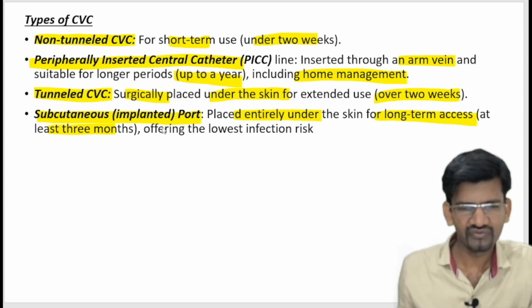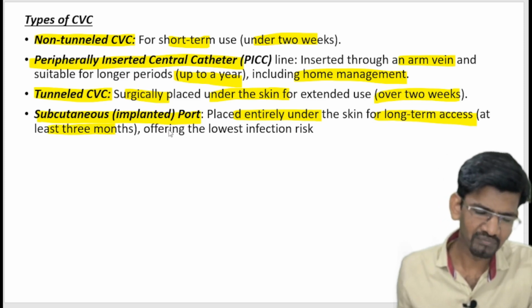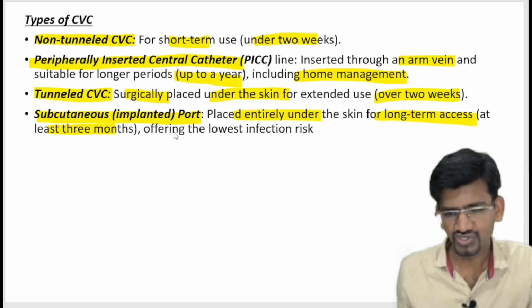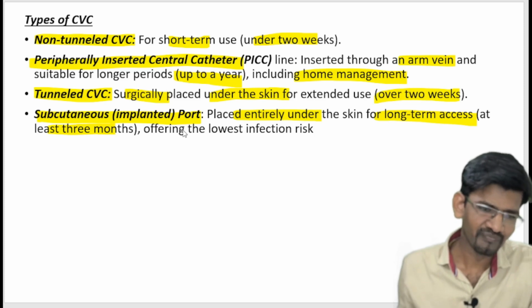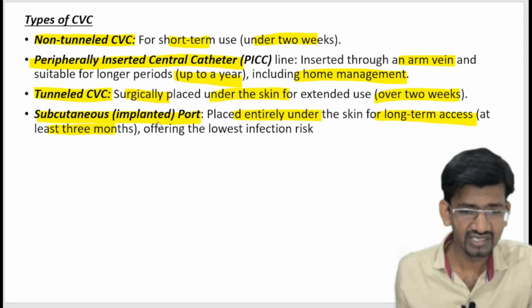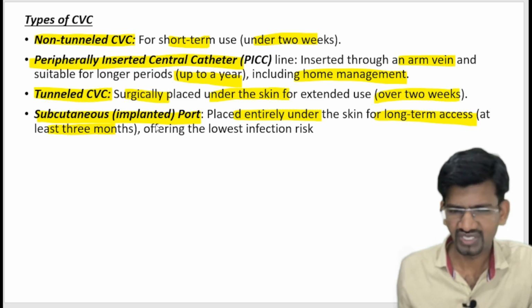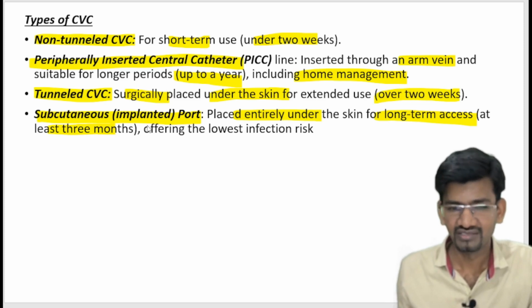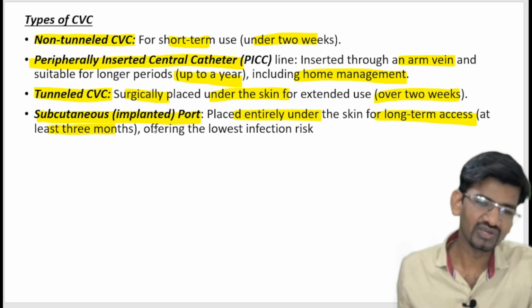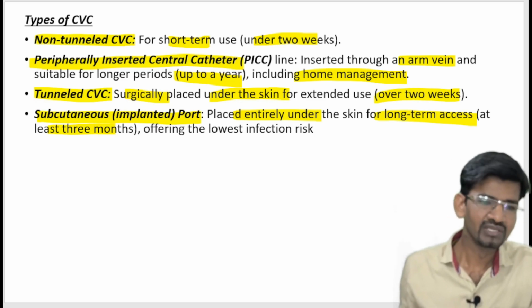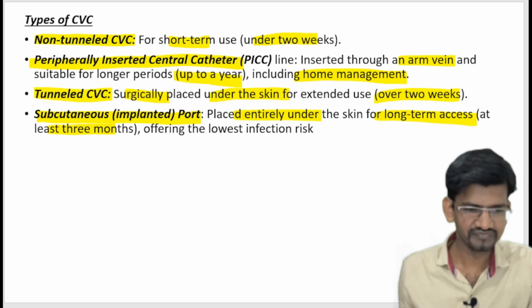It has a very low risk because it is completely implanted in the subcutaneous tissue with the venous access. This is what we commonly call a port. In chemo patients, you might have seen this. We call it a chemo port. So they are subcutaneous ports or implanted ports, and they will have a venous access.